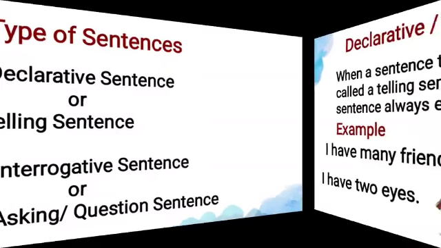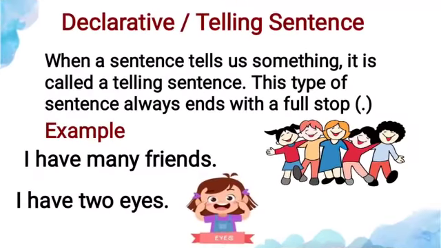Now let's understand what is a declarative or telling sentence. Children, when a sentence tells us something, it is called a telling sentence.